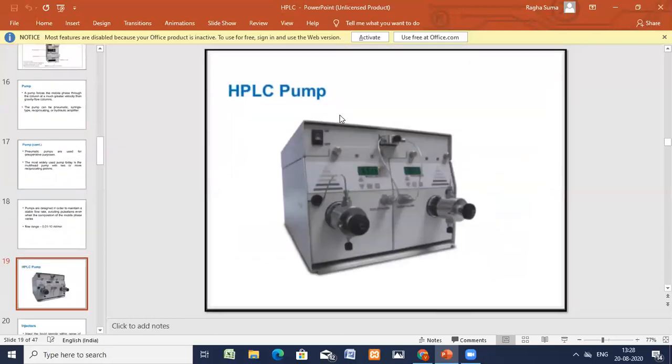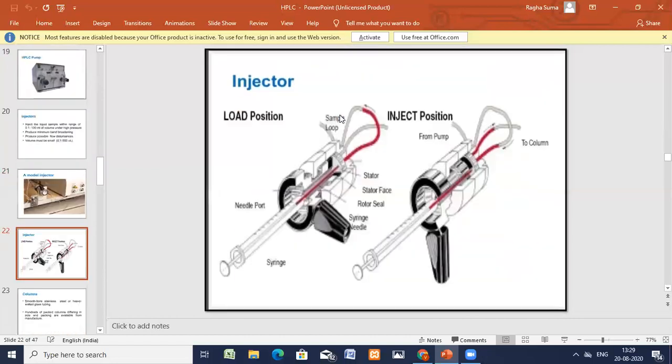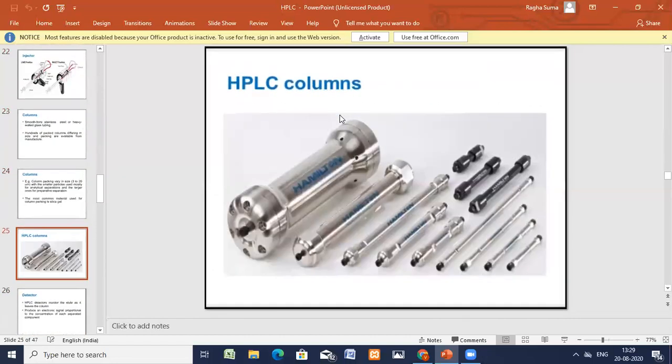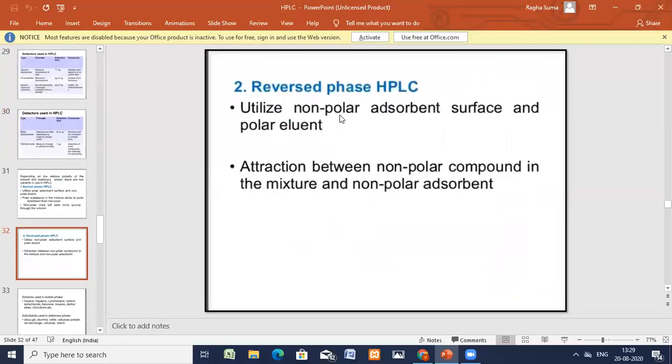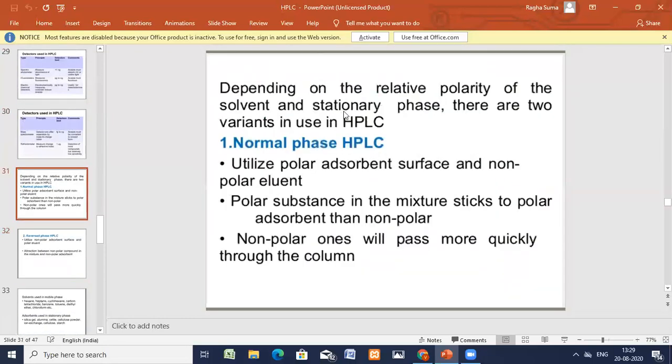Now we have seen the instrumentation, what the components of the system are and how it works. In HPLC there are two types, depending on the relative polarity of the solvent and stationary phase. Normal phase HPLC utilizes a polar adsorbent surface and a non-polar eluent.